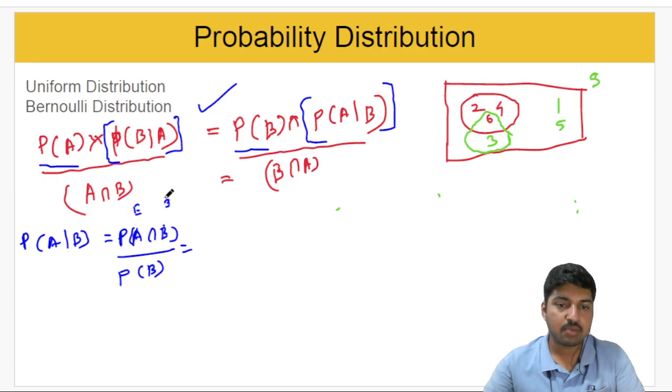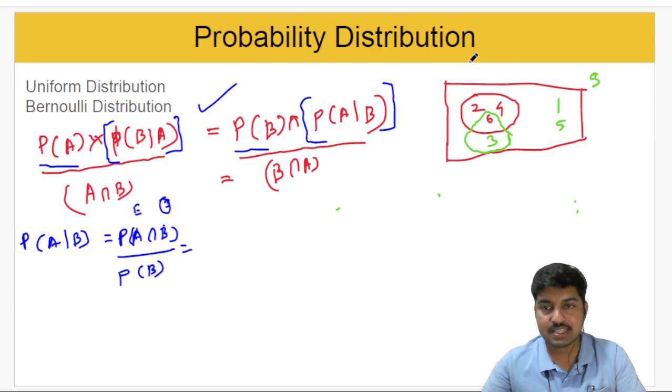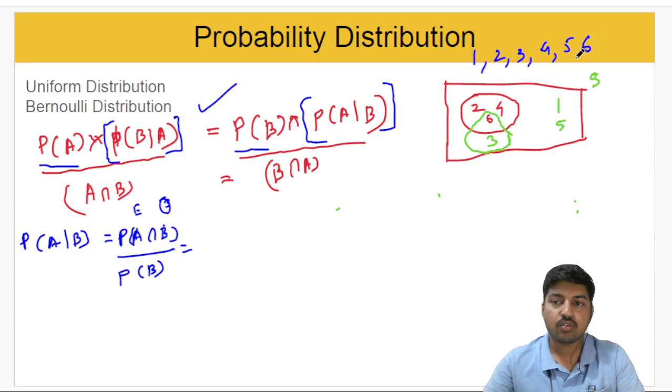It is divisible by 3. Now in my sample space, 1, 2, 3, 4, 5, 6, how many numbers are there which satisfy both, even and also divisible by 3? Only one number, 6. That's why my probability of A intersection B is 1 by 6.